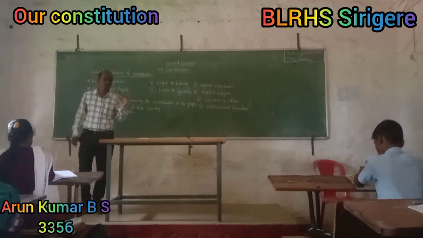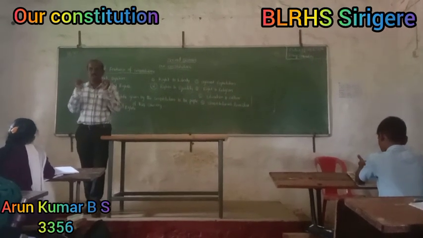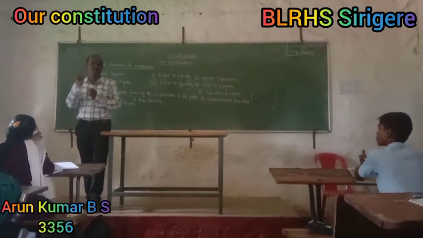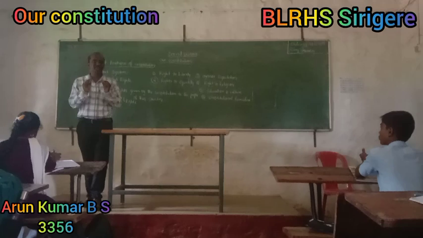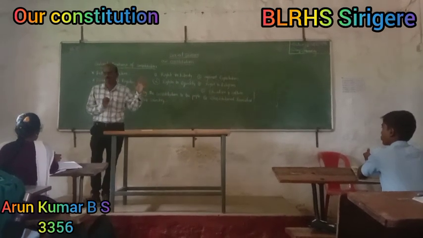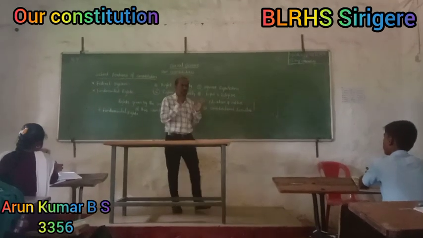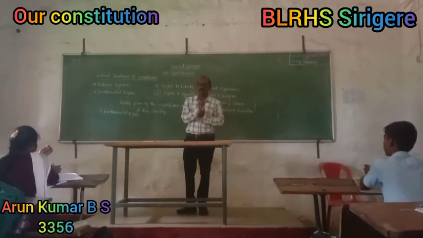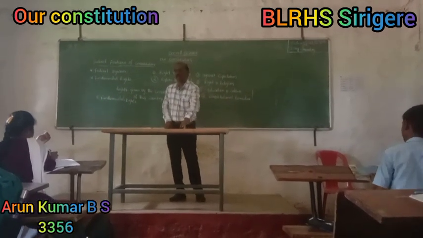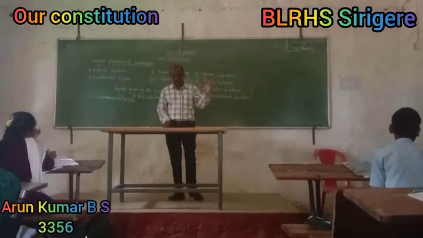If any government, whether it may be state government or the central government, takes away or damages our fundamental rights, we can directly appeal to the High Court or the Supreme Court.